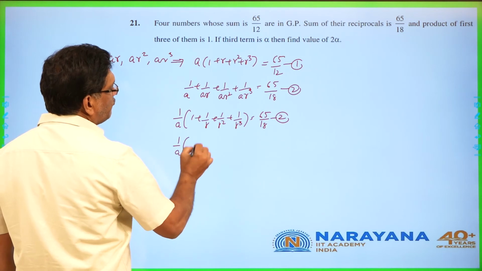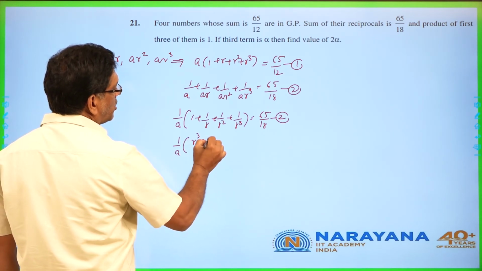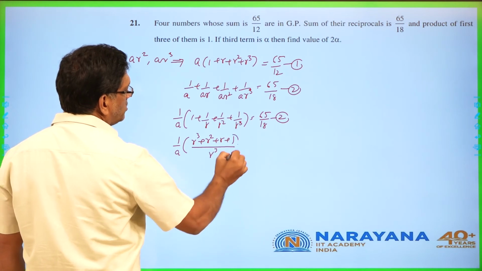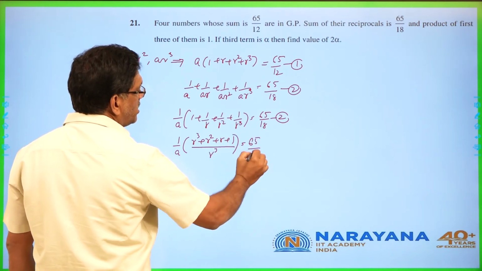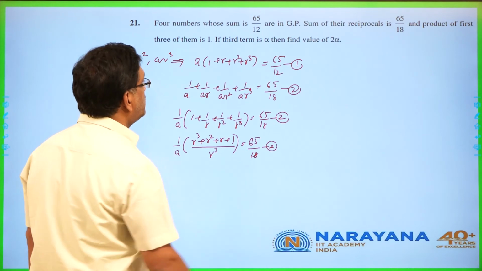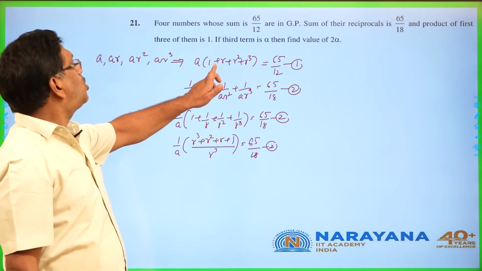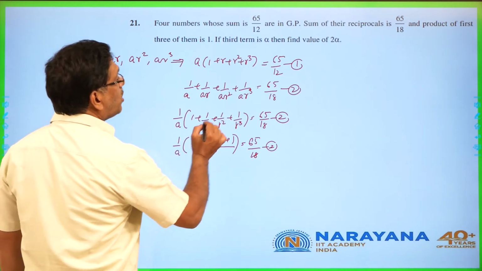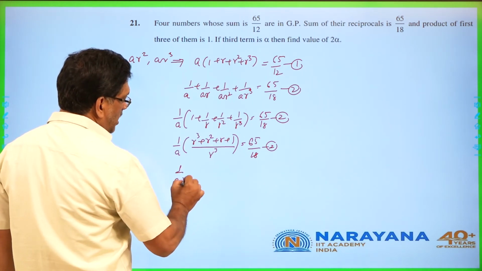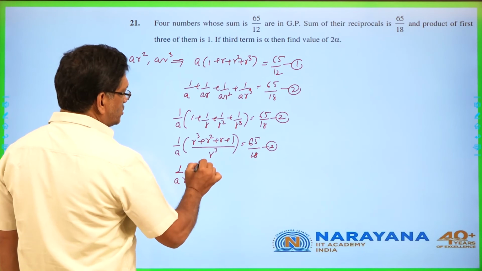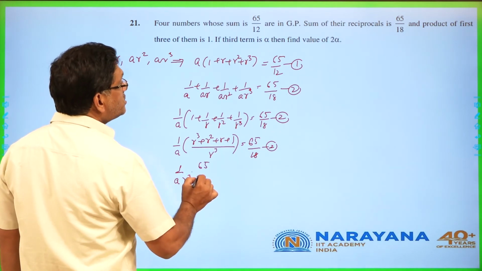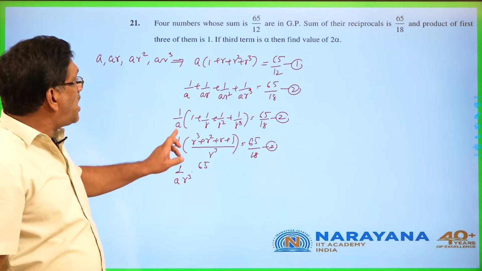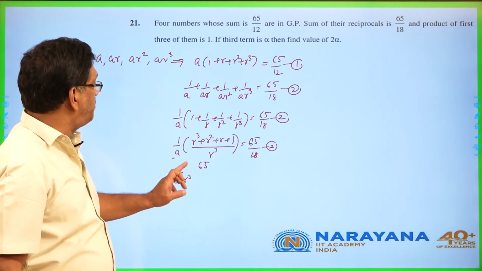And again, if you take the LCM, (r cube plus r square plus r plus 1) by r cube, times 1 by a, is 65 by 18. Now, we know one piece of information: a times (1 plus r plus r square plus r cube) is 65 by 12. Please observe, I am keeping 1 by a the same.